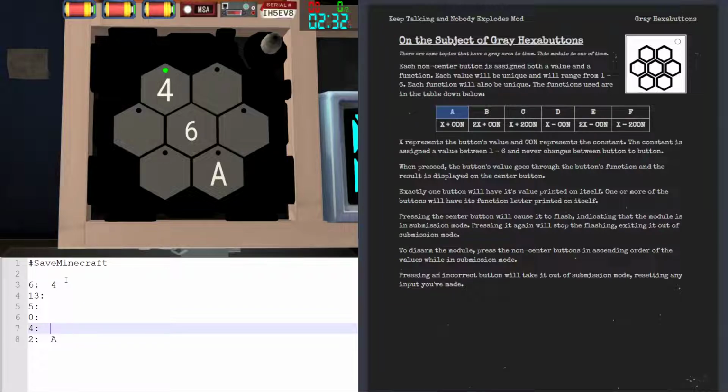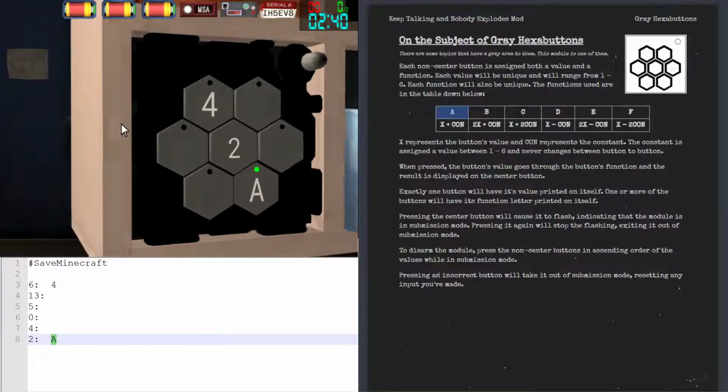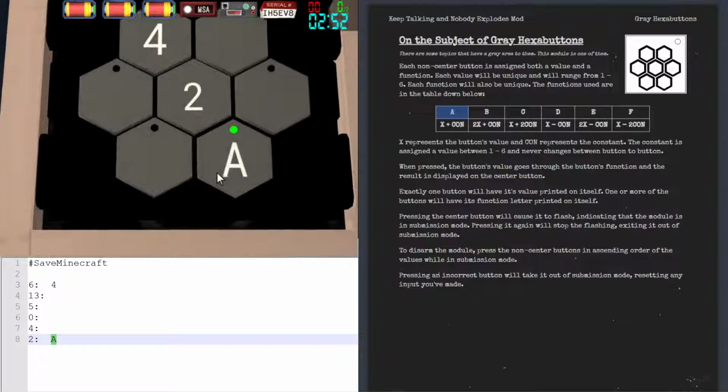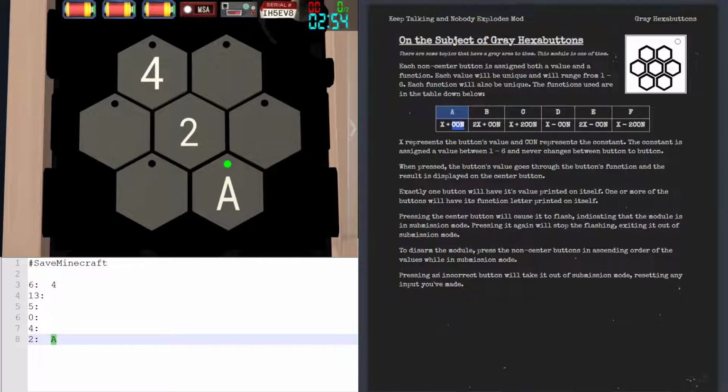So let's take a look at alpha here for a second. We know that the result that's given is 2, right? And x, the button's value, has to be 1 through 6, and the constant has to be 1 through 6, right?